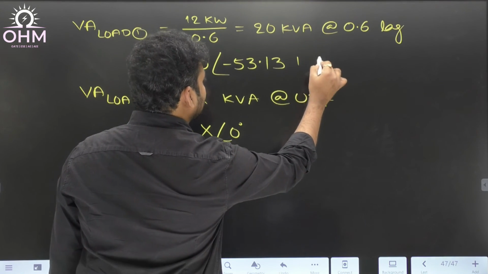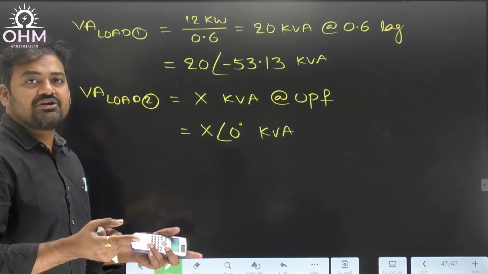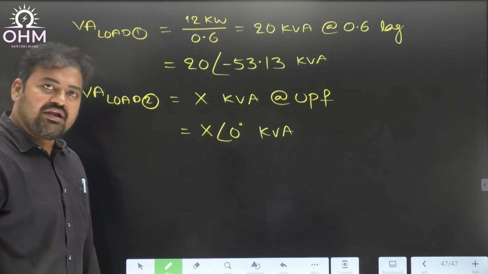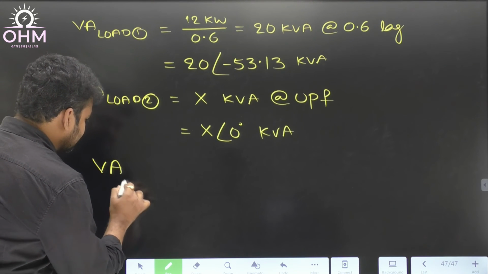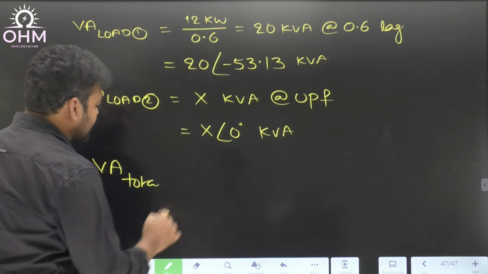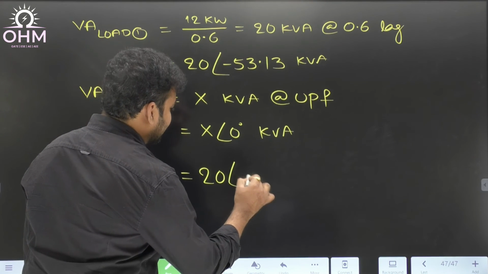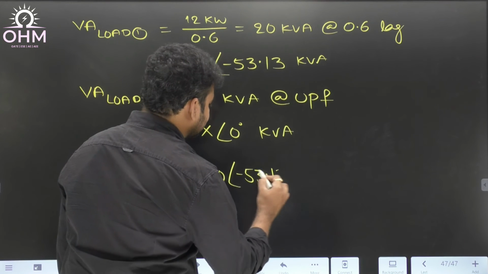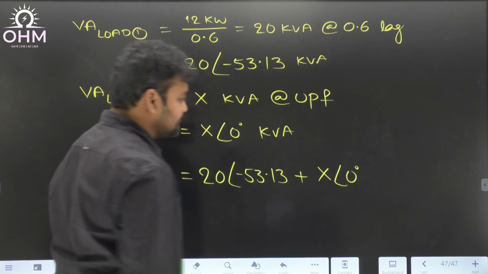Now, these are the two loads that we are adding to the transformer so that the overall rating should not exceed the transformer nameplate rating. Okay. So what is the total load now? Total load is equal to 20 at an angle minus 53.13 plus X at an angle 0.